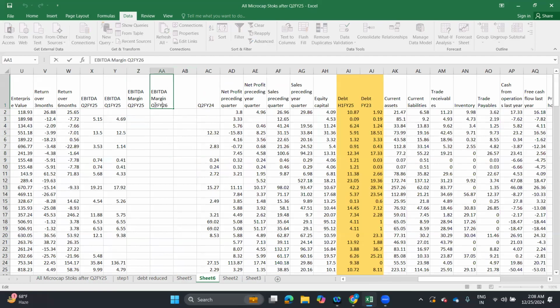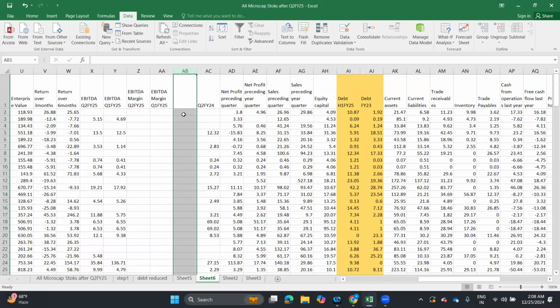This must be Q1 FY25, not 26. फिर भी मेरा काम थोड़ा कम हो जाता है इससे, ड्रैग करने से। एंड ये वाला डेटा तो अभी दिख नहीं रहा है, सो फॉर द टाइम बीइंग we can avoid it.